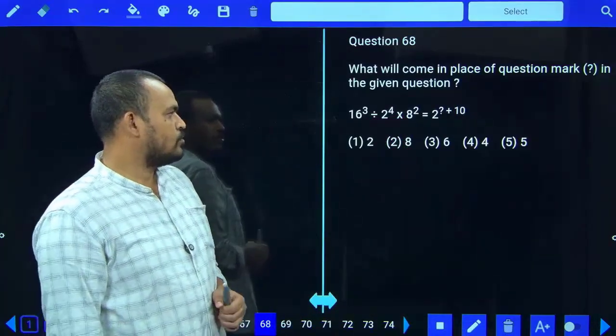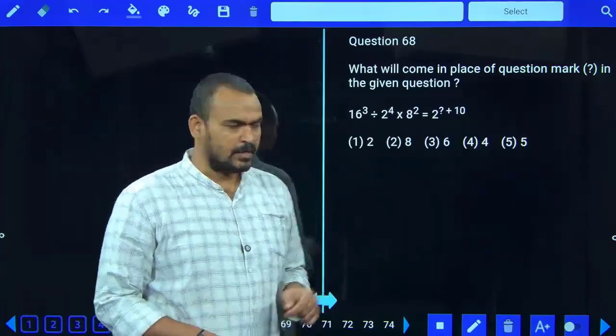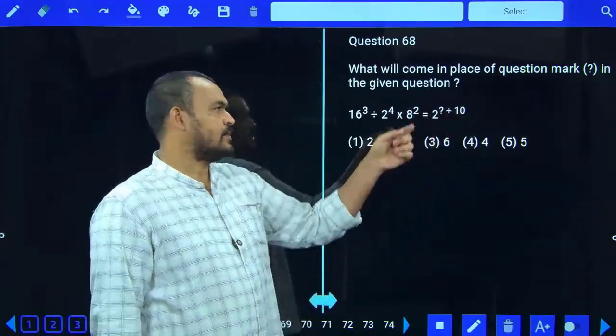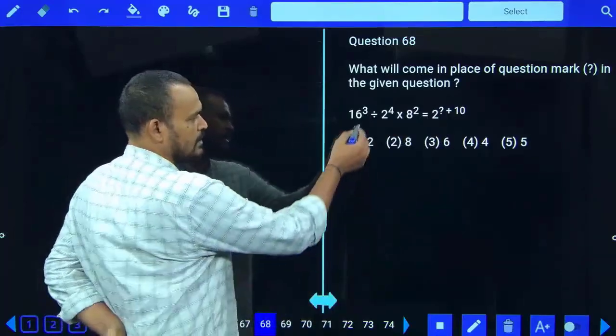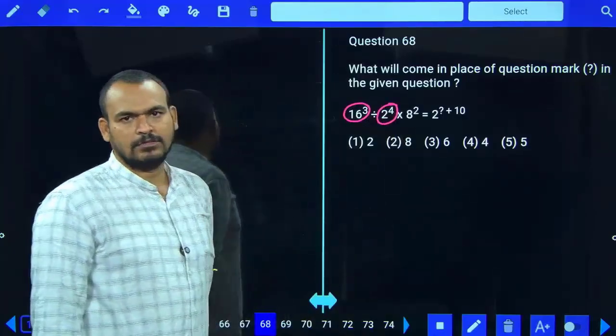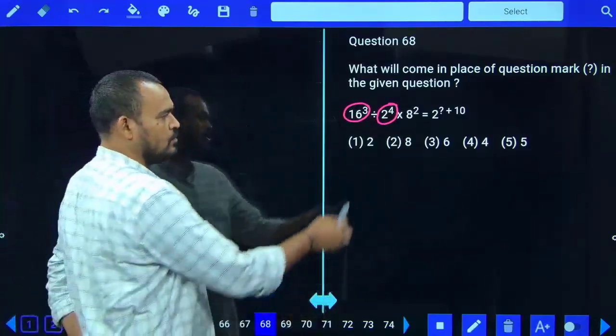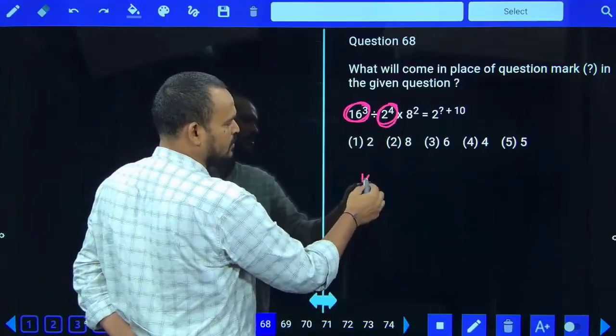Next question number 68. 16 cube divided by 2 power 4 multiplied by 8 square, that is equal to 2 power something plus 10. Right hand side value is 2 power something, so the left hand side every value we convert into 2 power something. First of all, 16 cube divided by 2 power 4. 2 power 4 means it is also 16. Numerator 16 power 3, denominator 16 power 1. What is the remaining? 16 power 2.